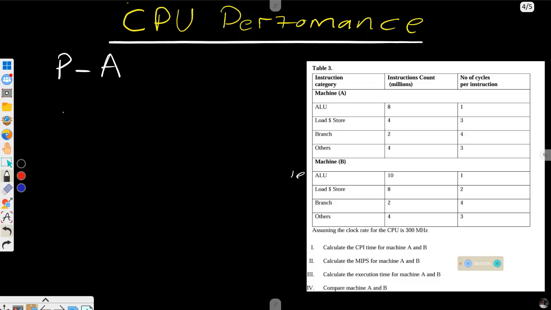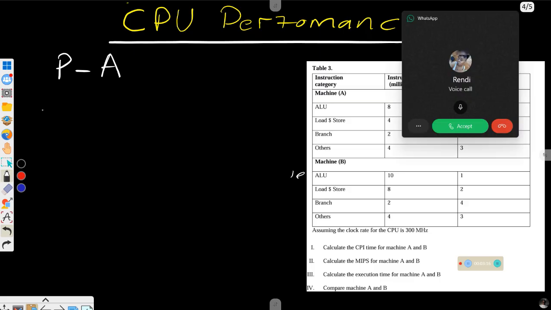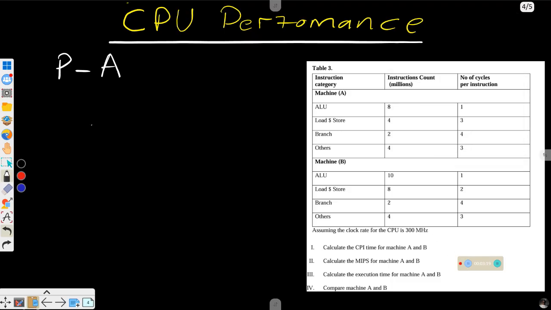CPI, which is called clocks per instruction, is the number of clocks which tick when an instruction is executed. Now let's look at the CPI.